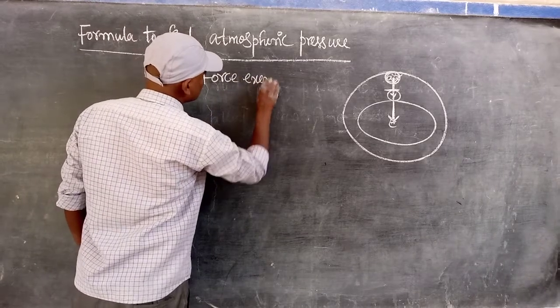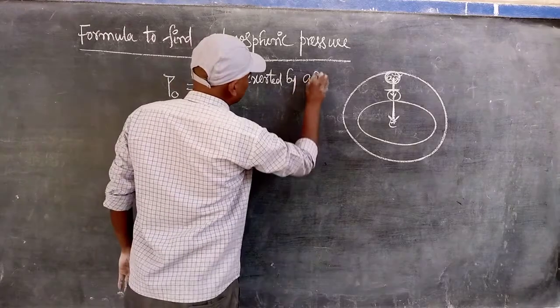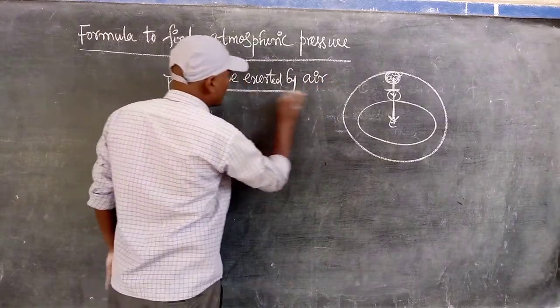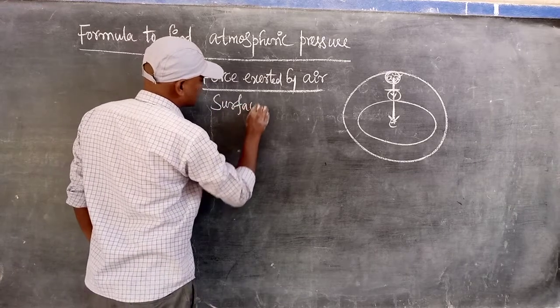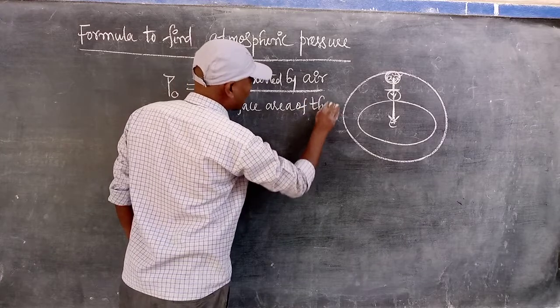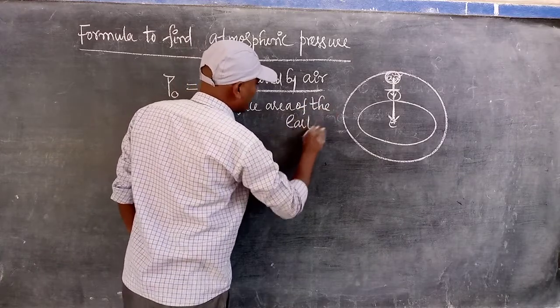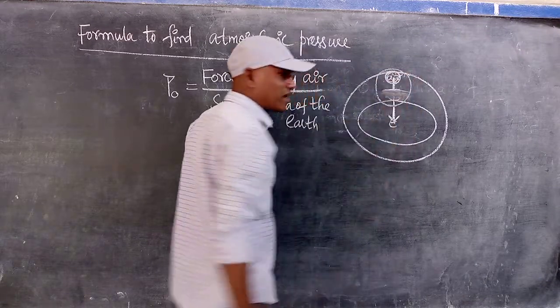That's why here, force exerted by air on the surface area of the earth or body. Here we can say just the earth. For example, this part of the air.